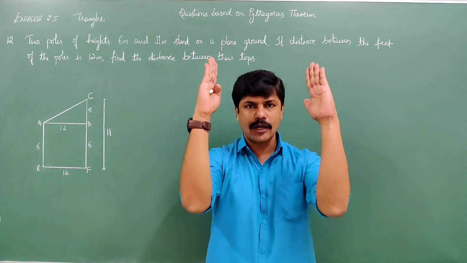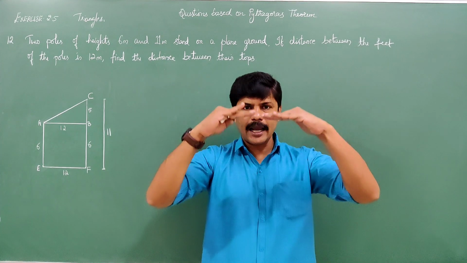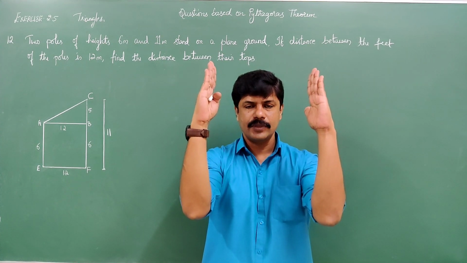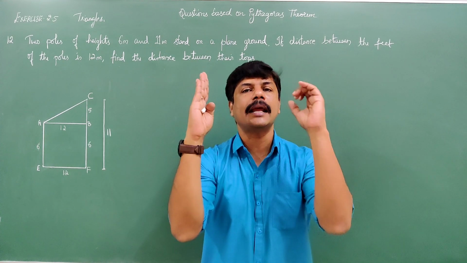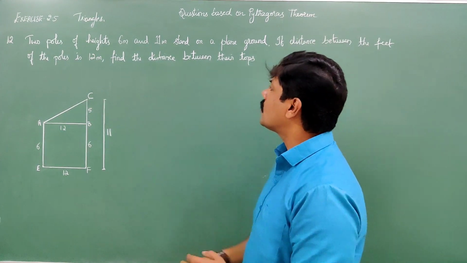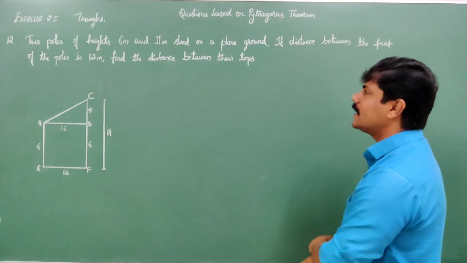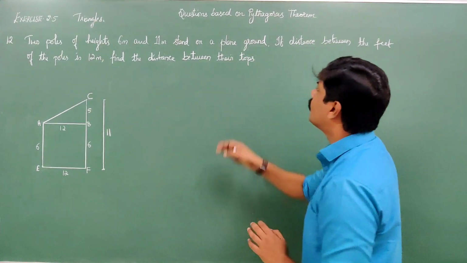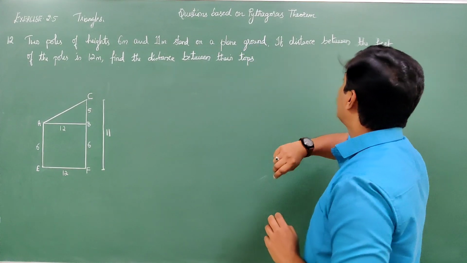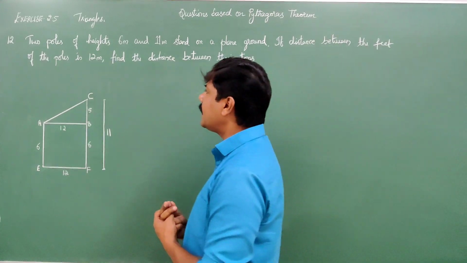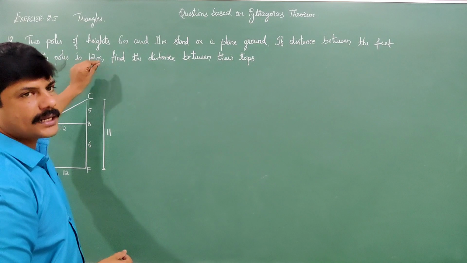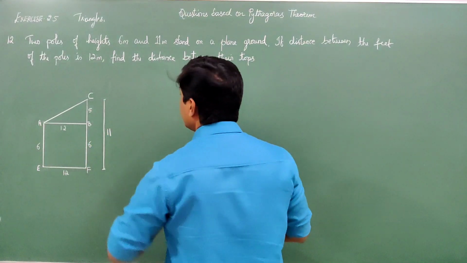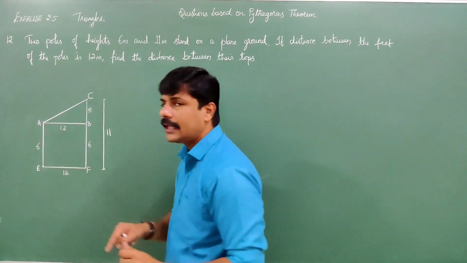Since they are standing on a plane, they are equally apart at all distances. So these two poles are parallel to each other. If the distance between the feet of the poles is 12 meter, find the distance between their tops.